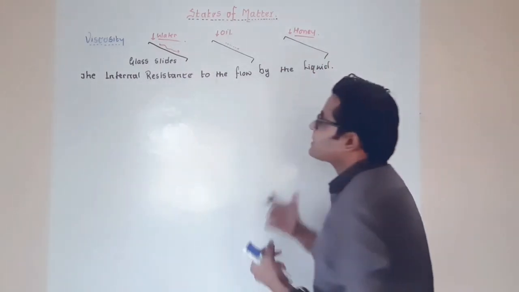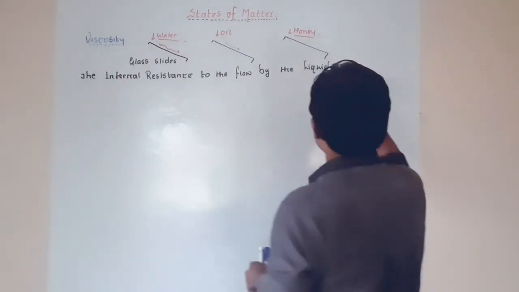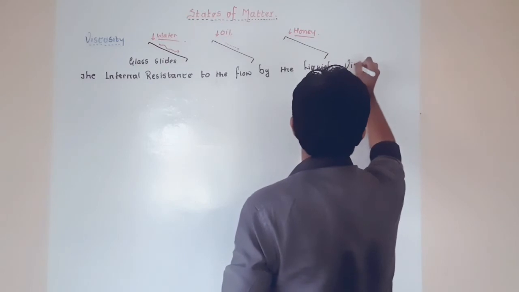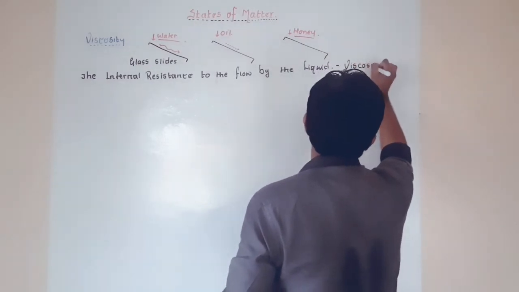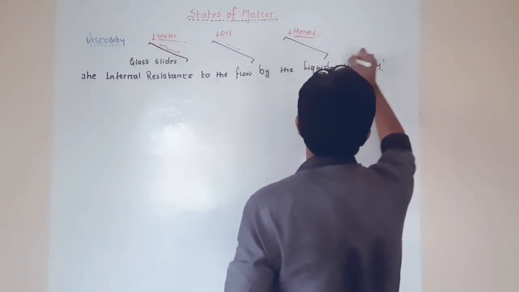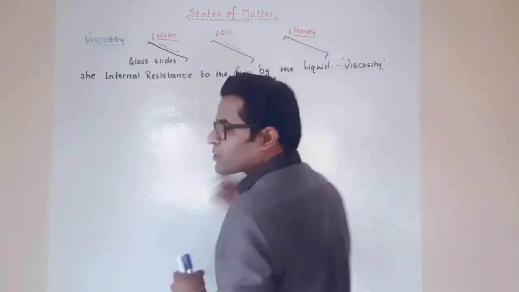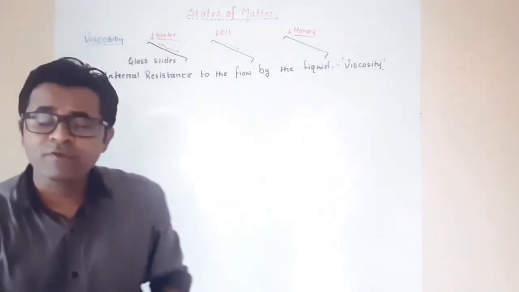This internal resistance to the flow by the liquid itself is nothing more than the viscosity. So quite naturally, higher the viscosity, slower is the flow of that particular liquid.